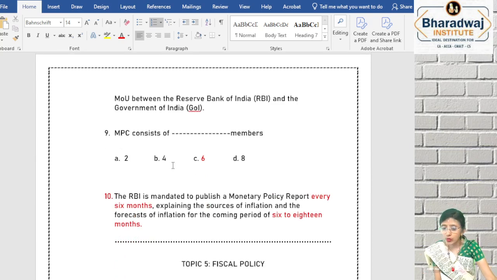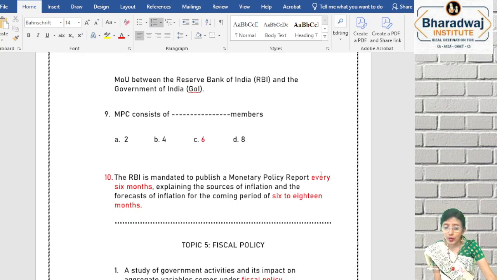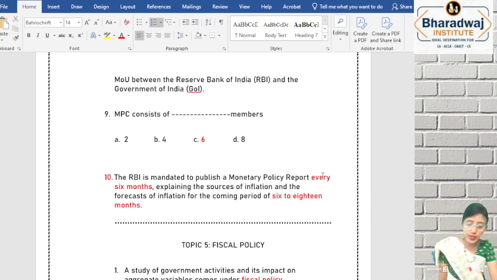We saw, no, just now. And the RBI has to give the report every 6 months, and you have to make a forecast for 6 to 18 months. Fortunately, I gave you the option also there. 6 to 18 months. Are you clear? Have you registered all these questions? Can we go to fiscal policy?